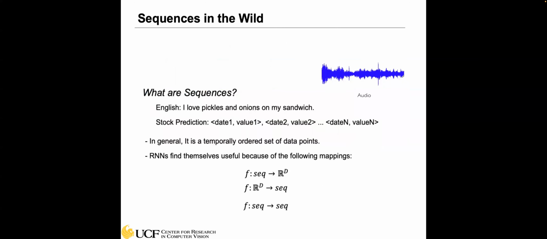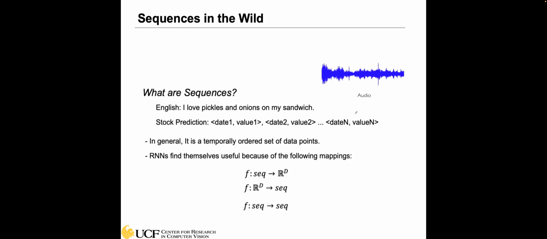In the real world, a lot of data applications have this kind of sequence data. For example, stock prediction. We are looking at stock values at different times: day, second, minute. So in nature, these are time series.